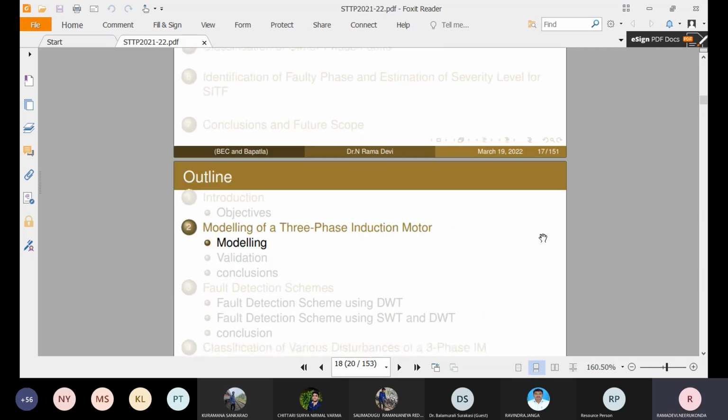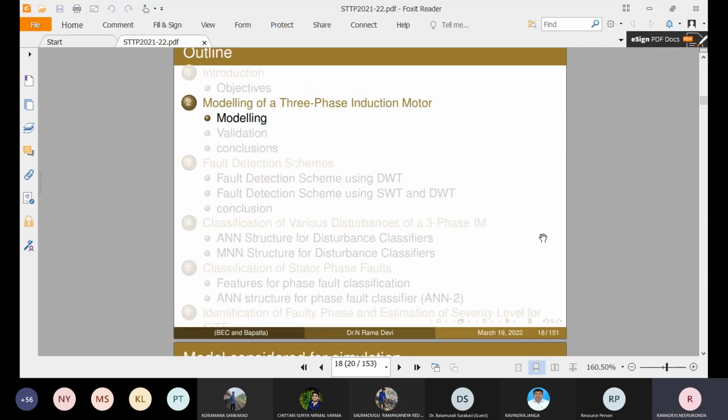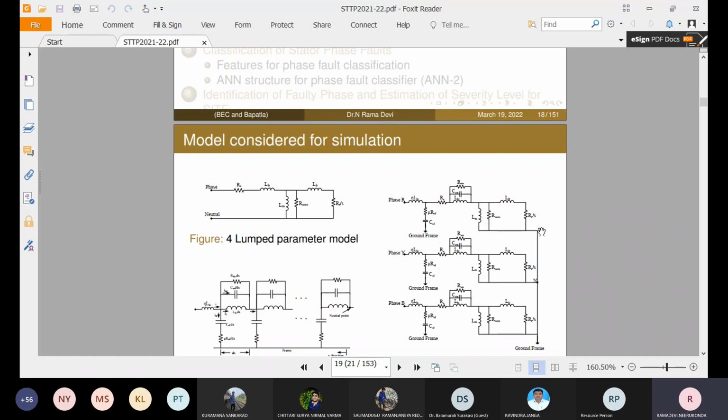So coming to the modeling of the three-phase induction motor, the models we represent for the system are of two types. One is the low frequency model, another is the high frequency model. The low frequency model is nothing but the lumped parameter model.